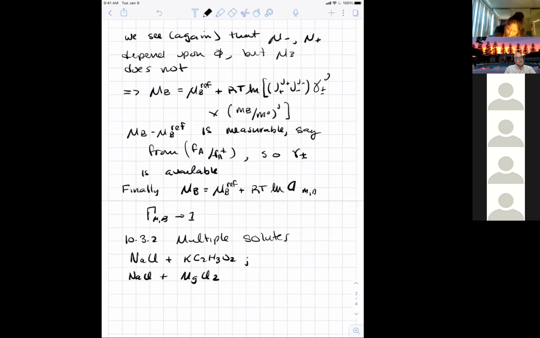I picked these two examples, of which we're only going to do one a little bit specifically, but I'm trying to get you to think about this. In the first example, we have 4 different ions. But in the second example, we have a chloride common ion.